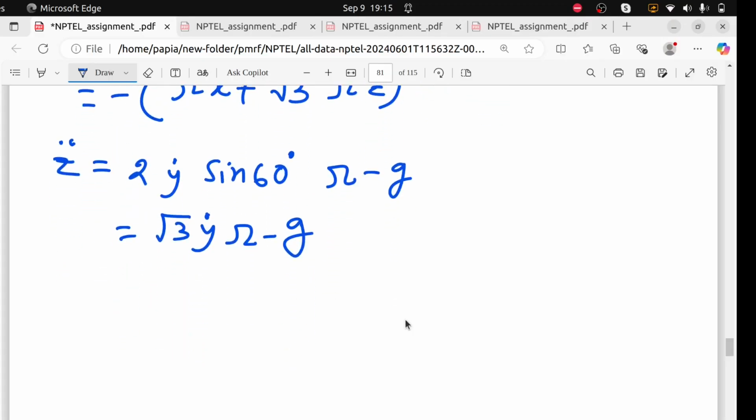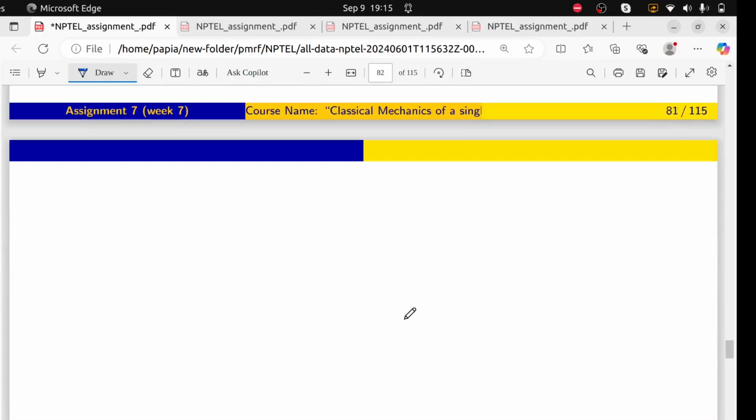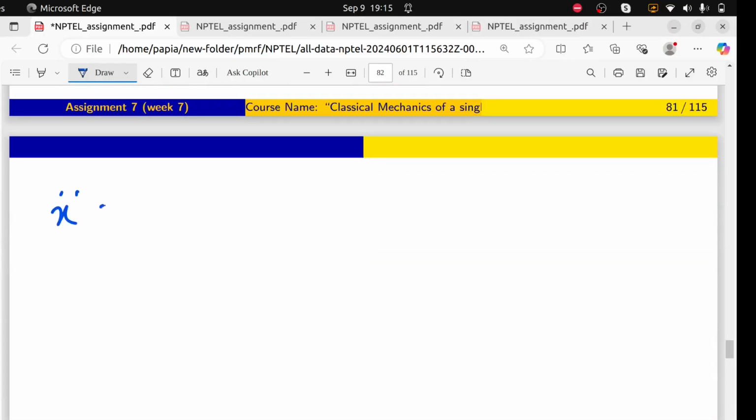Now the omega value is nearly 7.29, or 7.27 sometimes they call it, into 10 to the power minus 5 second inverse. So I can write here x double dot is 7.29 into 10 to the power minus 5 y dot.